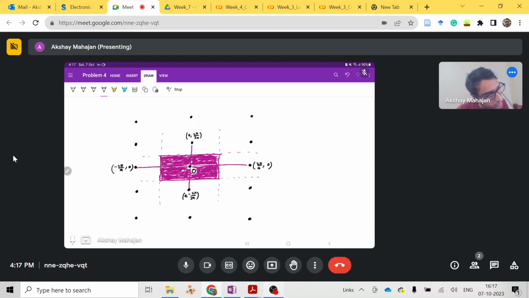I'm not shading it completely. Alright, so this color shows our first Brillouin zone.